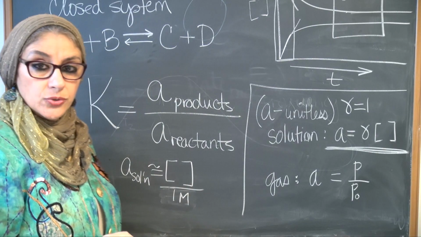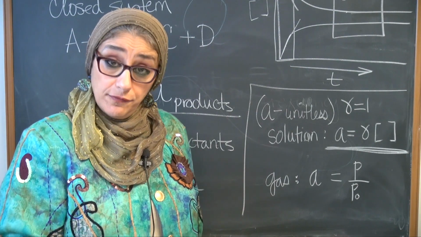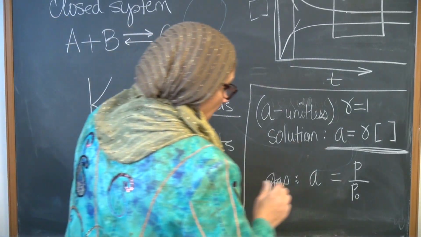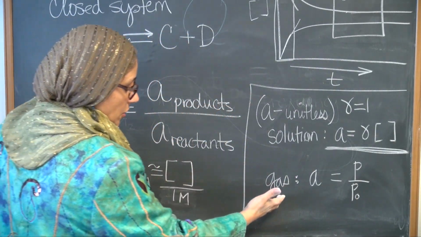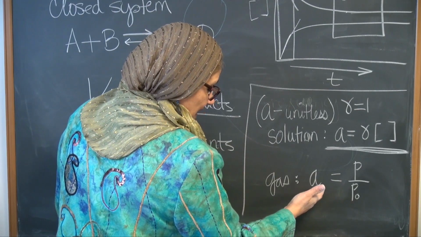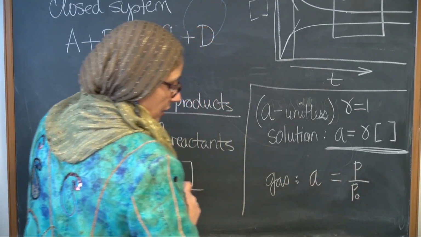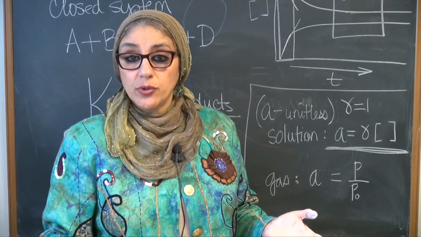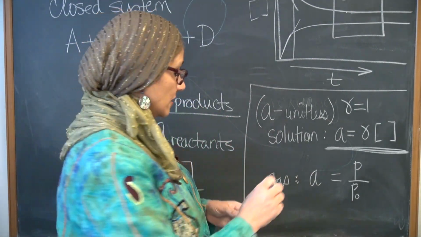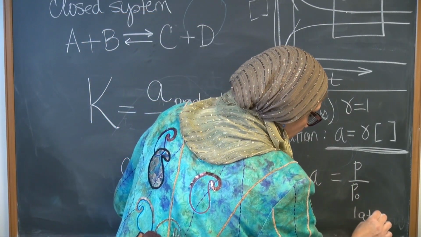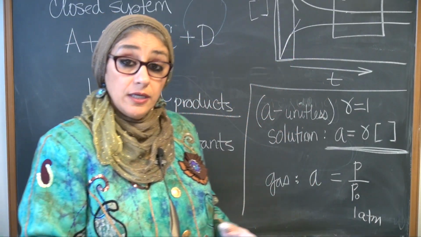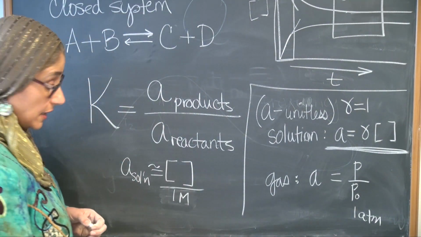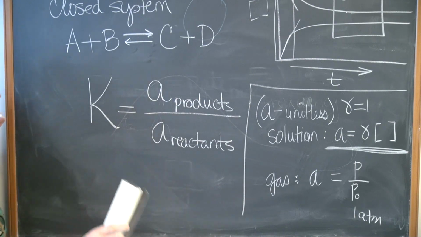So the concentration unit cancels, and it's just the value of the concentration that will be used in our expression. And as far as gases go, the activity of a gas is its partial pressure over standard pressure, and that's to get rid of the units. For our purposes, we're just going to use the partial pressure without its units and not have to divide, because effectively you could be dividing by 1 atmosphere, and it gets rid of the unit for pressure. So we are going to use unitless values for the equilibrium constant.